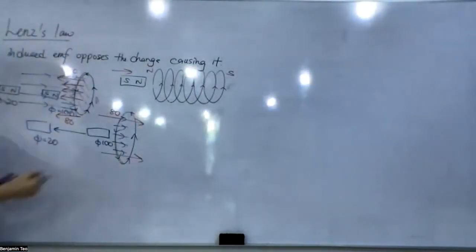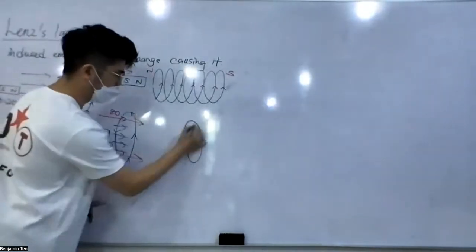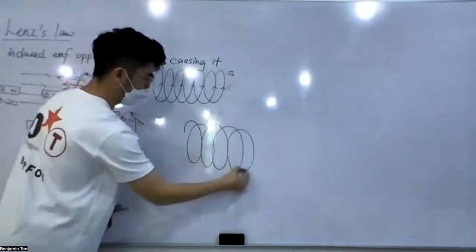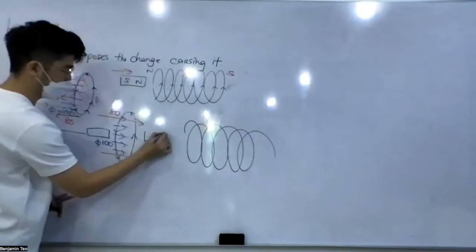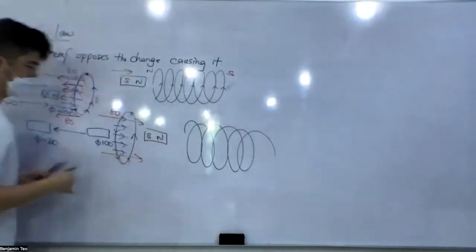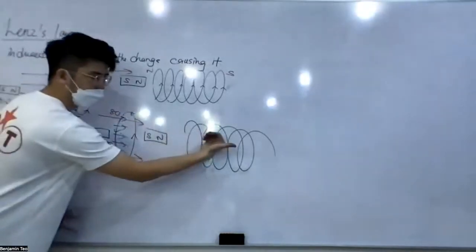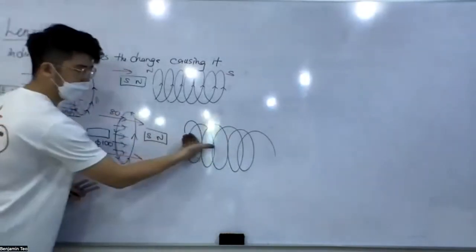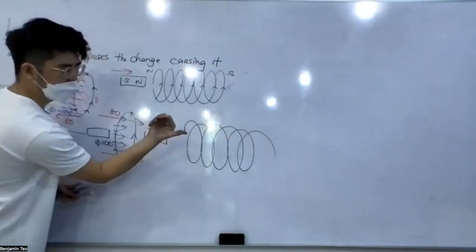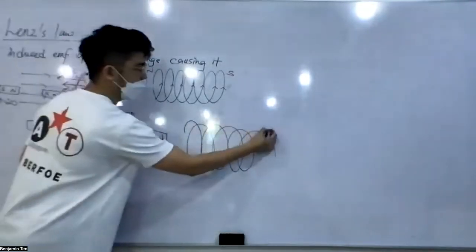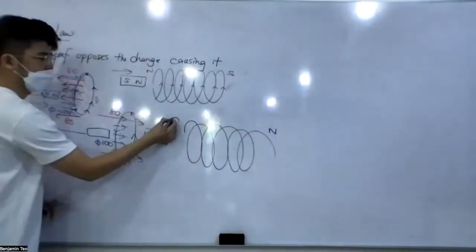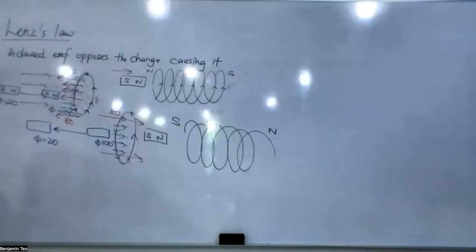What is happening here? This one is when I pull it away. So like that. And when I pull it away, it creates a flux opposite. So this is the flux, this is the current. Where is north pole? This is north pole. This is south pole. Okay.